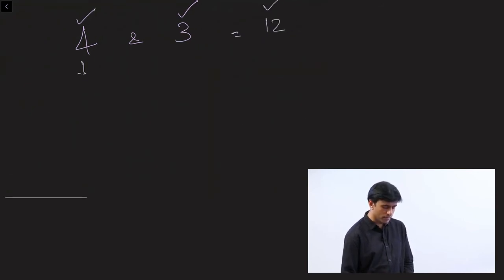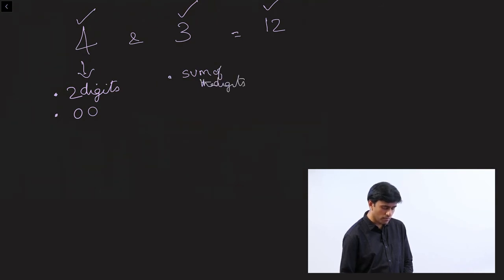To see if it is divisible by 4, you have to see if the last two digits are a multiple of 4, or if the last two digits are 0, 0. For 3, you just have to take the sum of the digits and see if the sum is a multiple of 3. That's your divisibility test for 12.